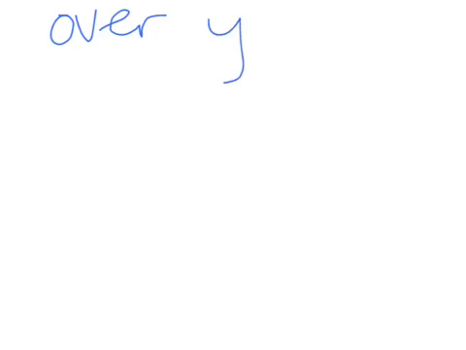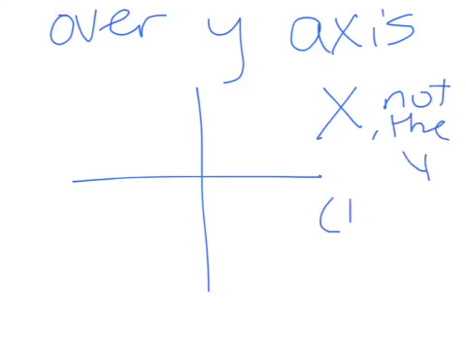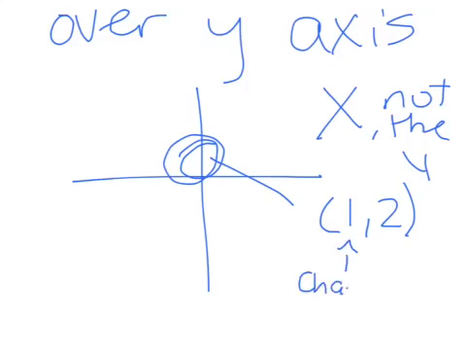Over the y-axis, it would be almost the same thing as the x-axis, except you're flipping the x, not the y. So if you have 1, 2 again and you want to flip it over the y-axis, over this line right here, your x would change and your y would stay.